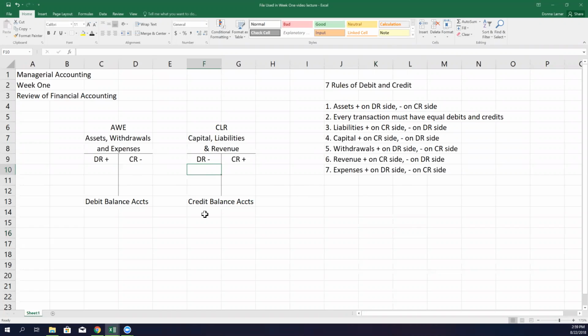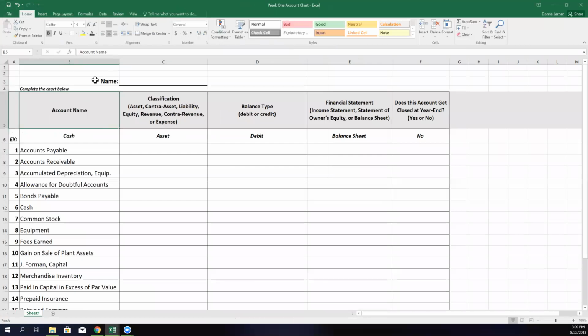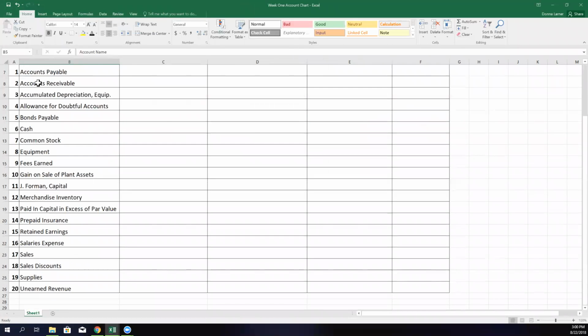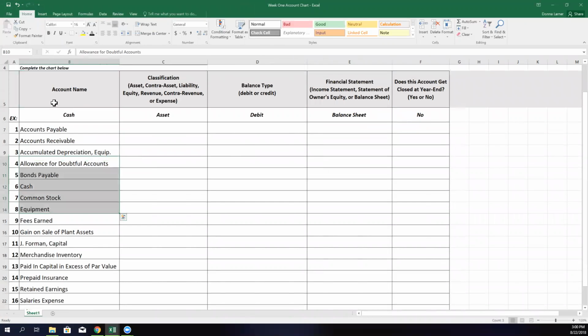One of the things you have to do this week is fill out a spreadsheet that I have uploaded for you in Moodle. It has 20 account names. You can see them listed here.